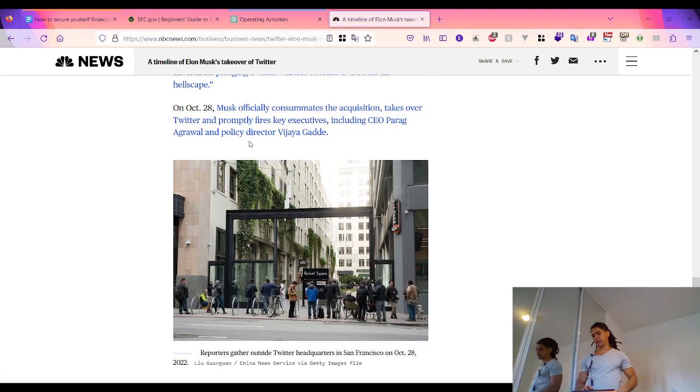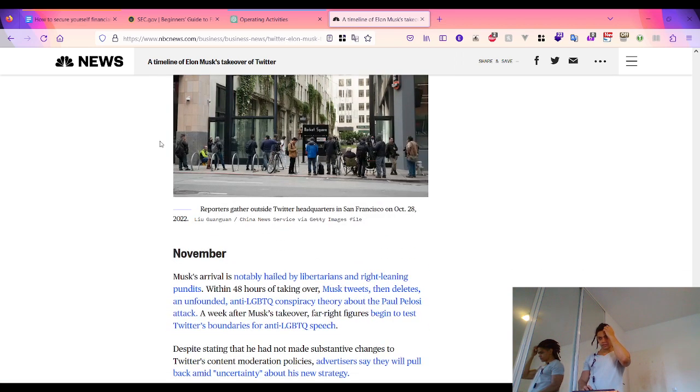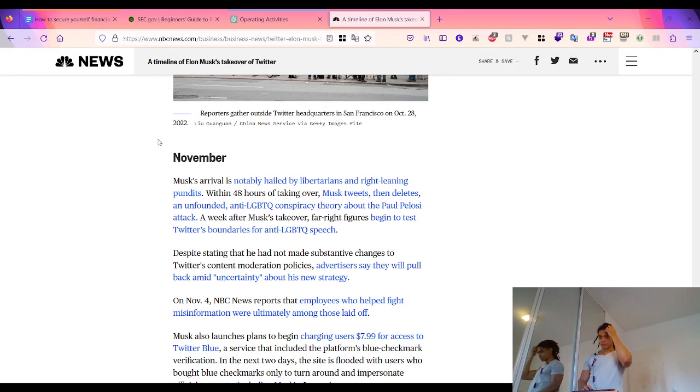On October 28, Musk officially completed the acquisition of Twitter and promptly fires key executives, including CEO Parag Agrawal and policy director Vijaya Gadde. Musk arrived, notably hailed by libertarian and right-leaning pundits.